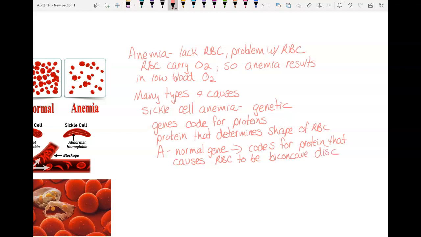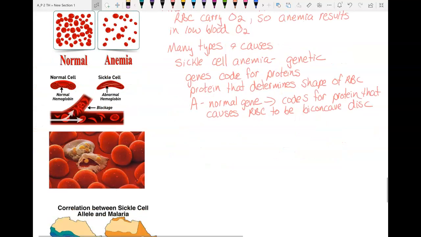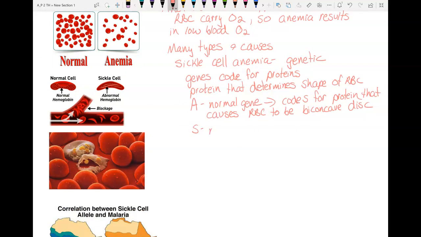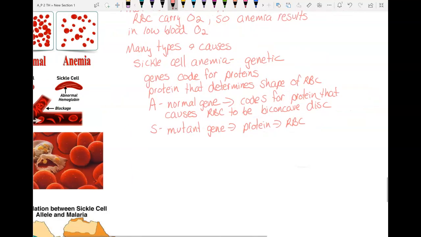And if you remember, that's the shape you want red blood cells to be, the biconcave disc. Then there is S. S is the mutant form. And this one codes for a protein that causes the red blood cell to have a sickle shape.